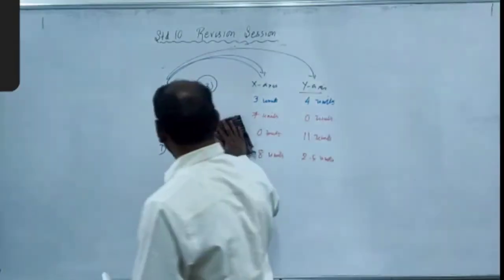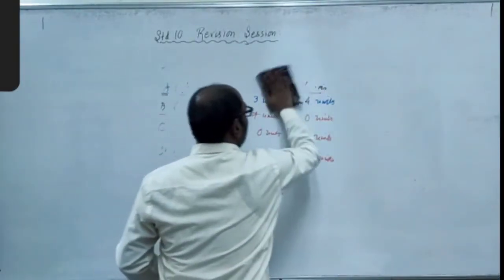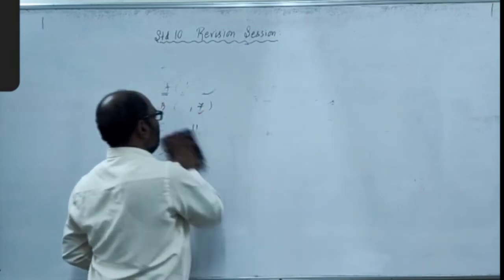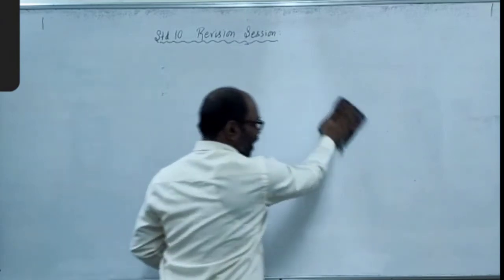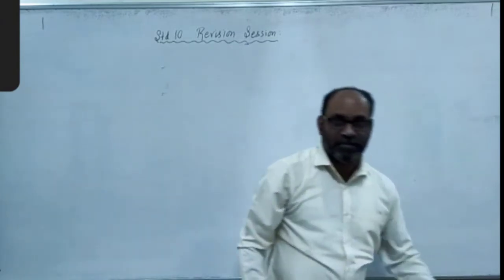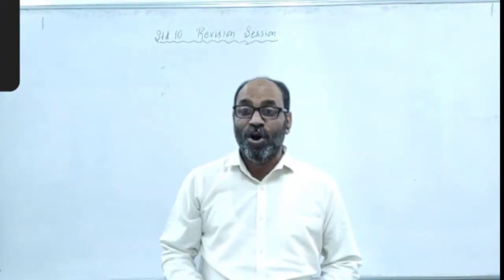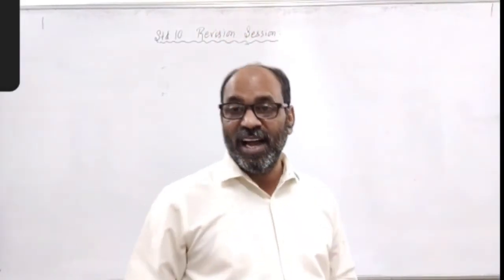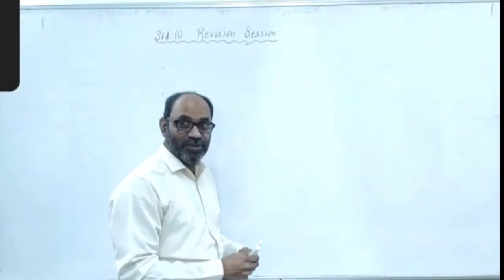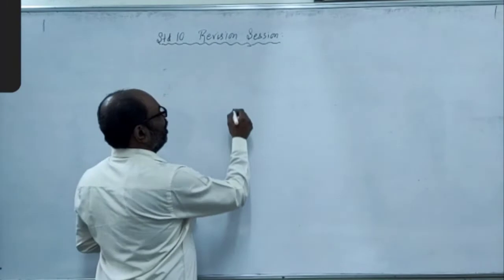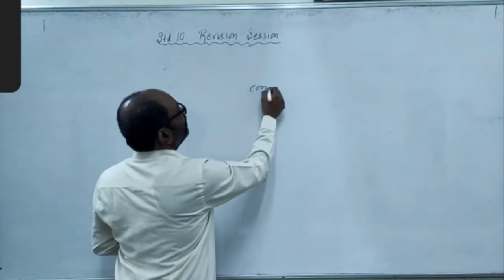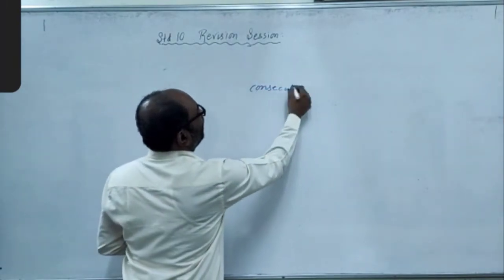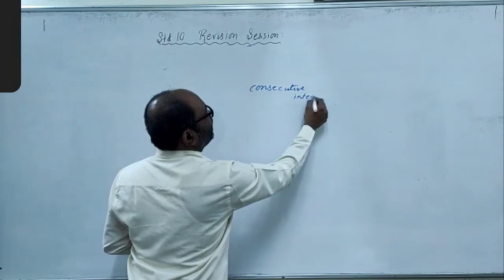One word problem. Product of two consecutive positive integers is 306. We are running out of time, children. Lots to do. Which are consecutive or successive integers?